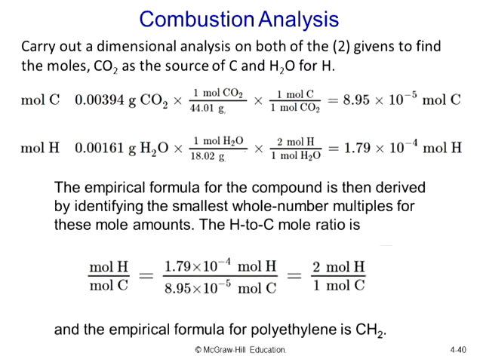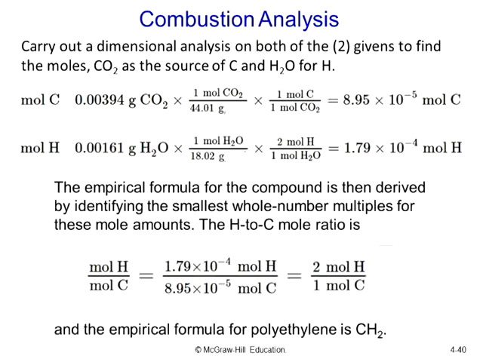So let's take a look at the solution for this problem. To do this problem, we carry out a dimensional analysis on both of the givens, and there are two givens. And from there we'll find the moles, and we relate carbon dioxide as a source of carbon, and we relate water as a source of hydrogen.